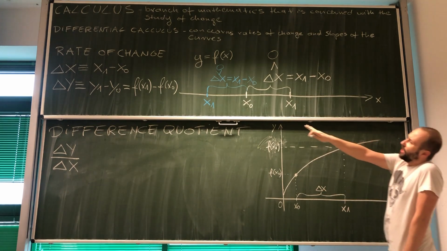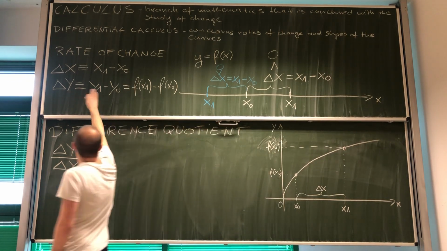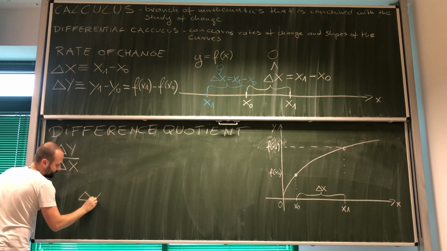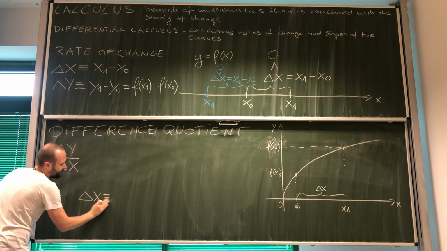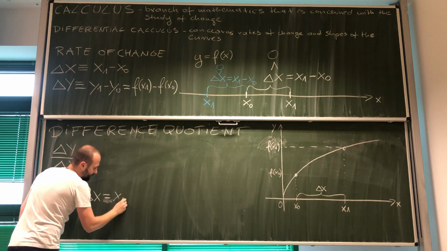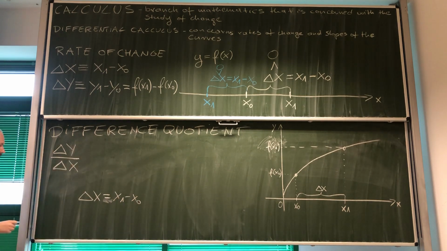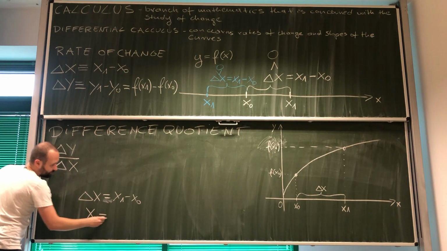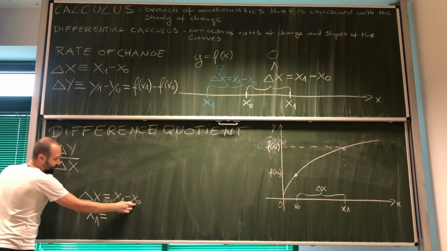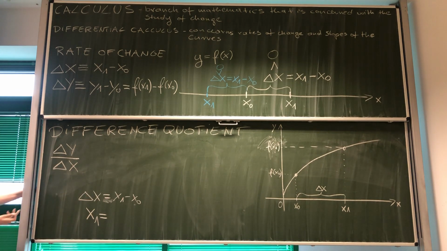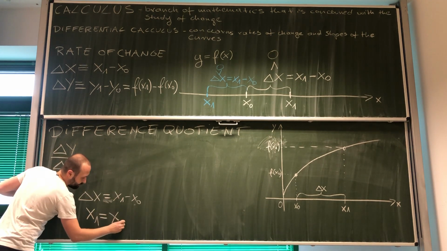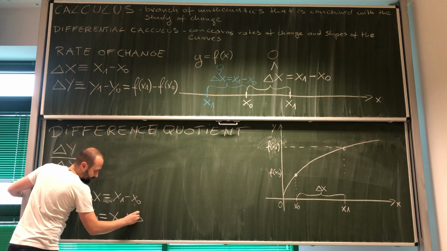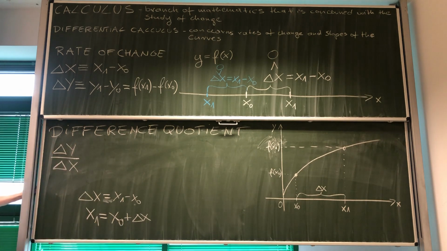So look, if I use the identity that delta x is equal to x1 minus x0, I can get, if I put this on the other side of the equation, that x1 is equal to x0 plus delta x.